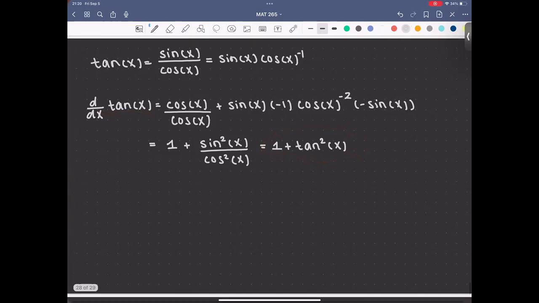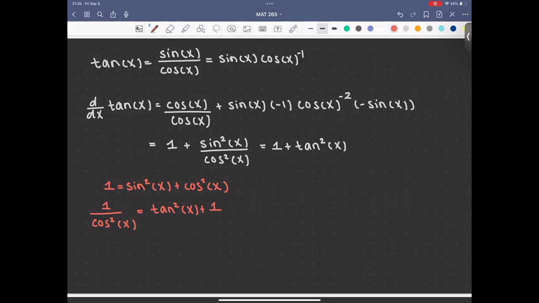So let's remember our identity. 1 is equal to sine squared x plus cosine squared of x. And if I divide across the board by cosine squared of x, I get 1 over cosine squared of x is equal to sine squared x over cosine squared x, so tangent squared x, plus cosine squared x over cosine squared x, that's going to be 1.